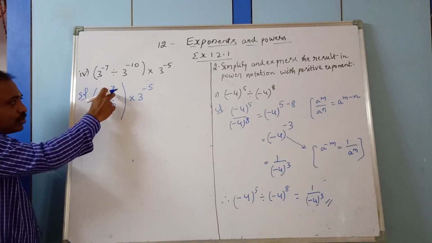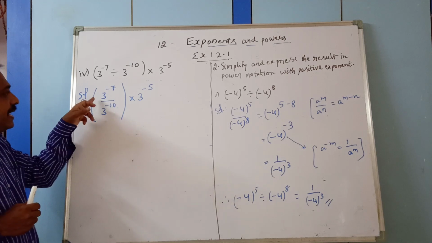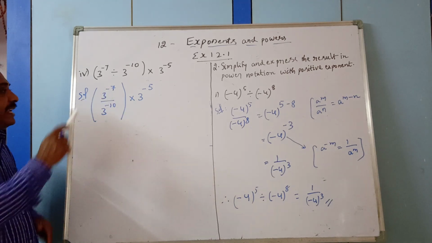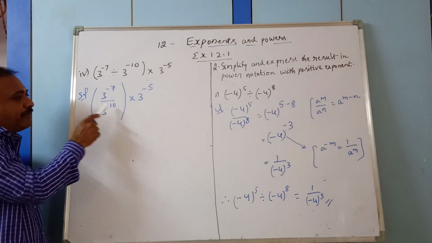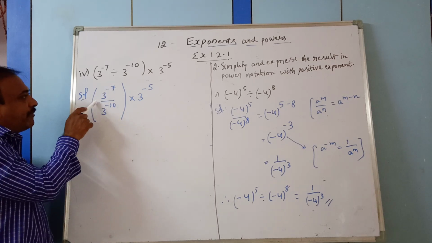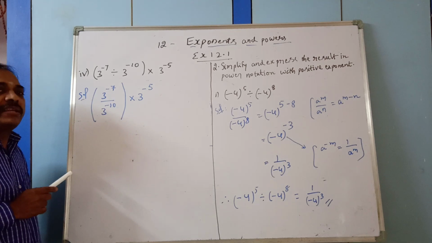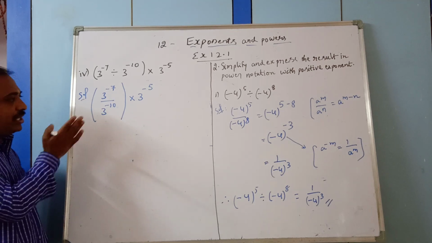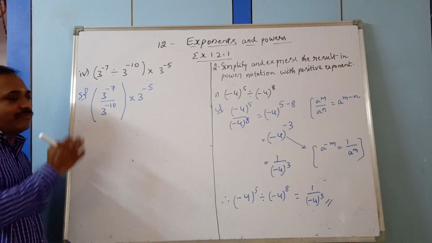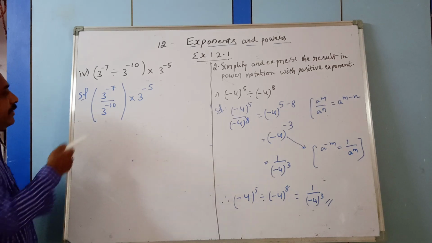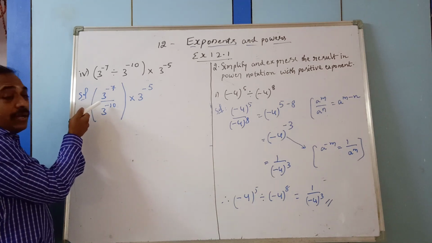Now to solve this one, inside the bracket you see, a to the power m by a to the power n can be written as... or else if you want to convert the powers, you can convert 3 power 10 by 3 power 3, that also can be done. Okay, if you change it, are you following?